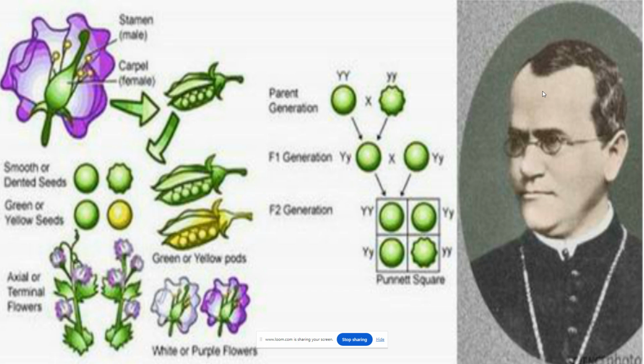In Mendel's experiments with the pea plants, we discover the law of segregation. During meiosis, a trait's alleles are separated, and this results in the distribution of one allele to each gamete.